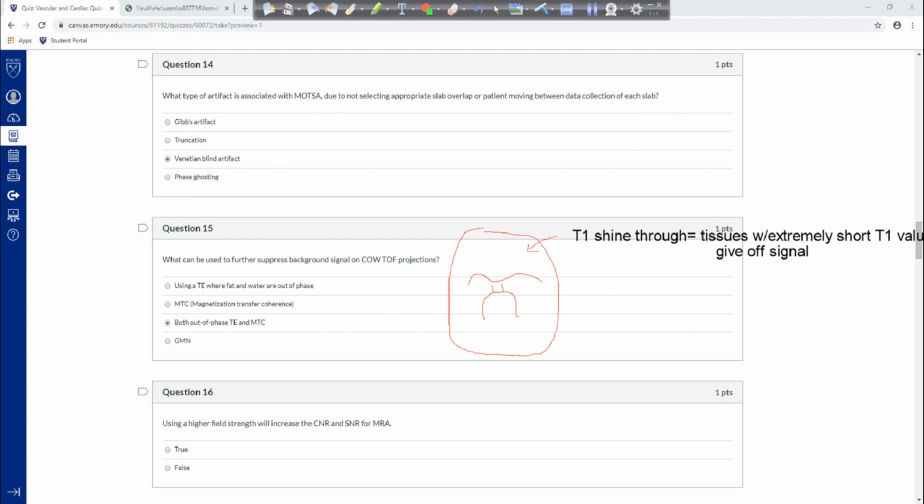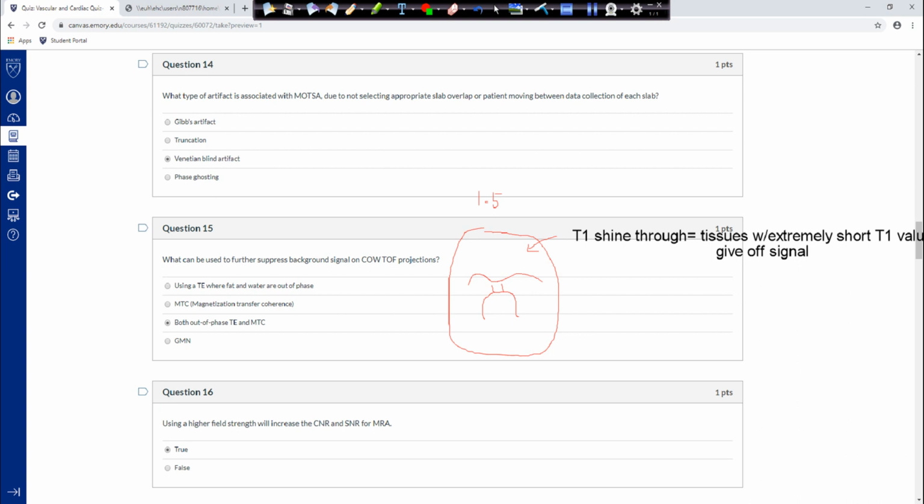Number 16, using a higher field strength will increase contrast to noise ratio and signal to noise ratio. Is that true or false? True. So we can better visualize this circle of Willis at a 3T. So imagine this is a 1.5. We can see this, the anterior and the posterior pretty good, right?